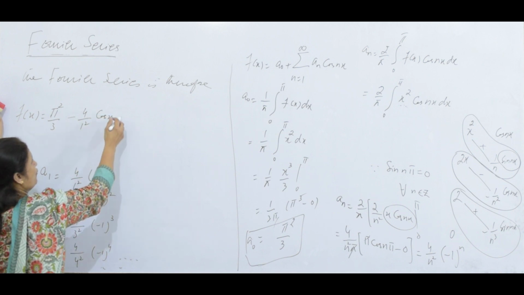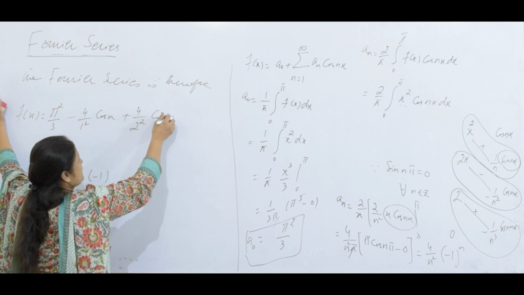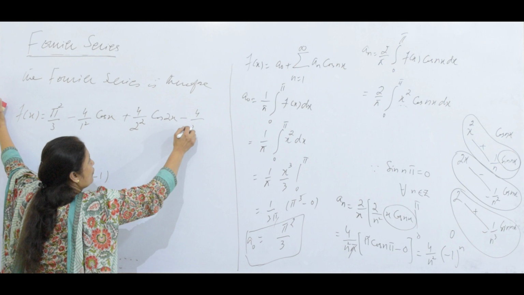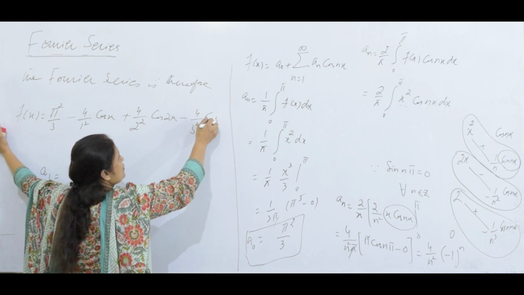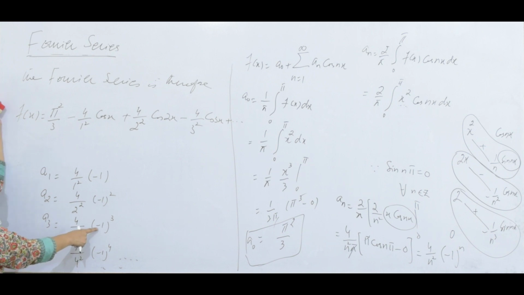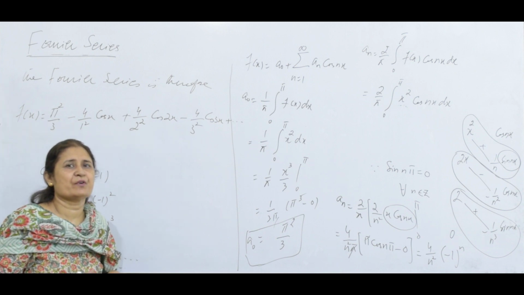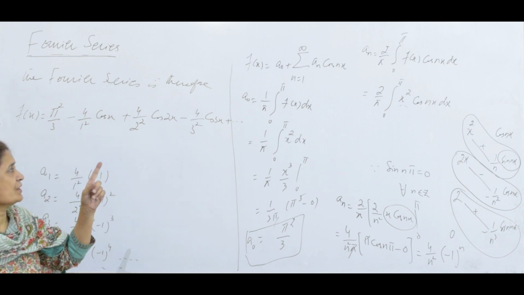A2, 4 over 2 square cos 2x. A3, 4 over 3 square cos 3x, and so forth. Look at that. Minus 1 raised to the power 3 is minus 1, so minus 4 over 3 square. So this is the required Fourier series for a function which is even function.